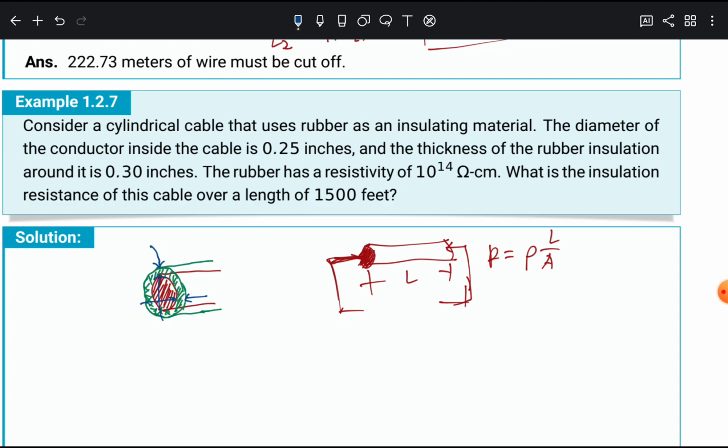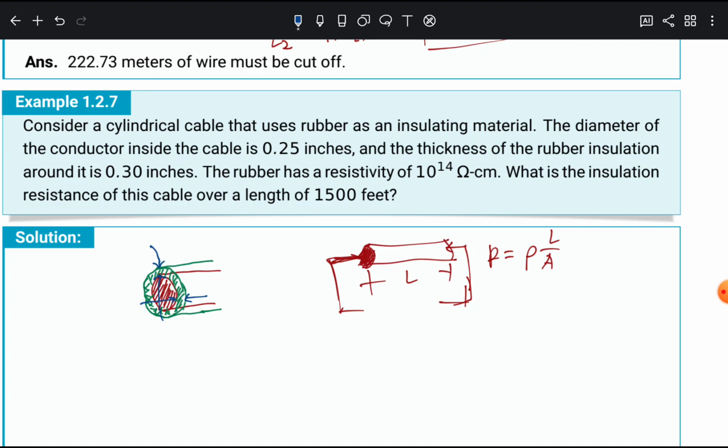So if you look at the current that the resistance is resisting, it is coming from the conductor inside the cable, and it is going outward when you touch the cable.